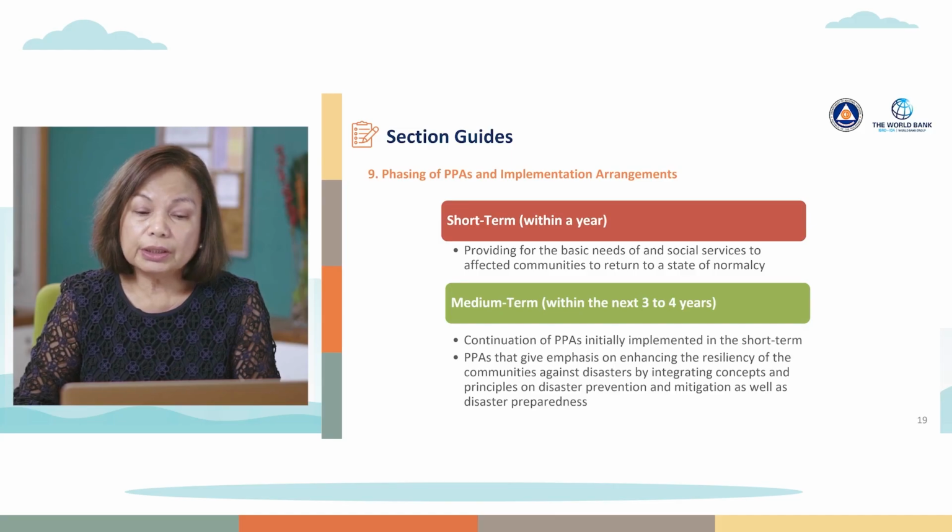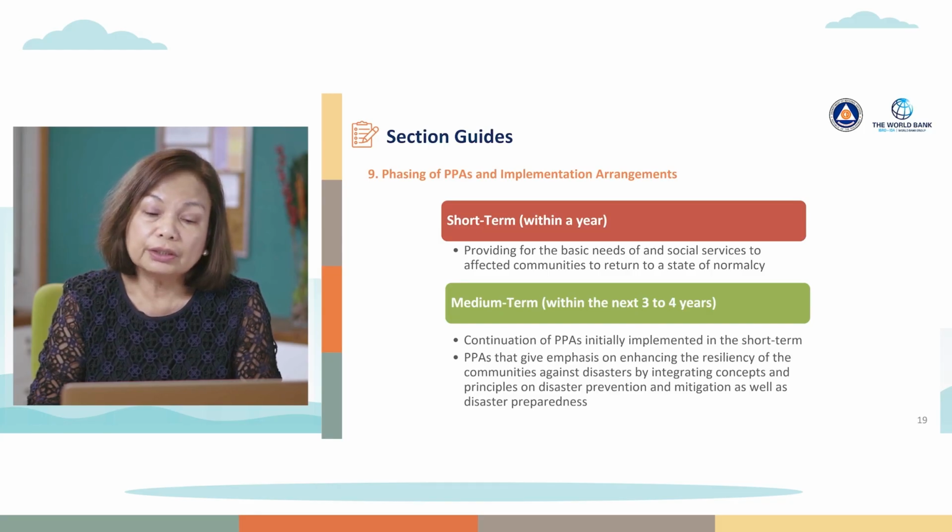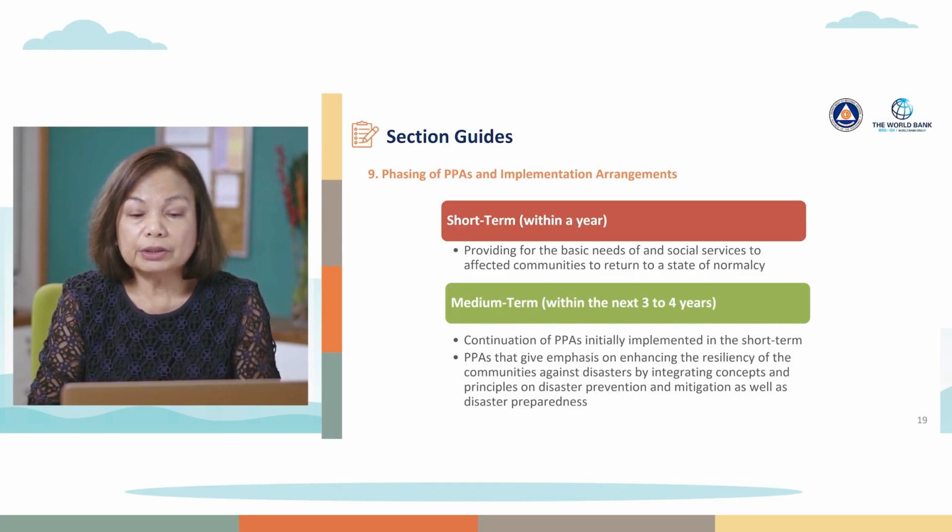The second will be during the medium term, which involves 3 to 4 years after the disaster. So these usually are just a continuation of the programs, projects, and activities that were initially implemented in the short term.